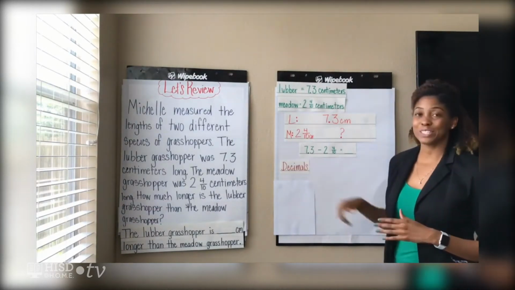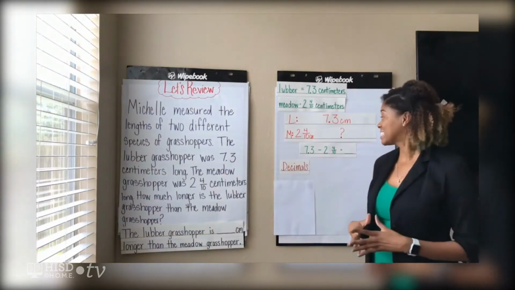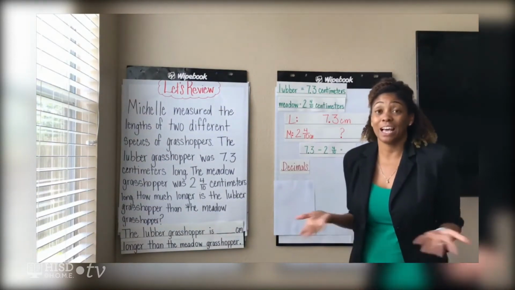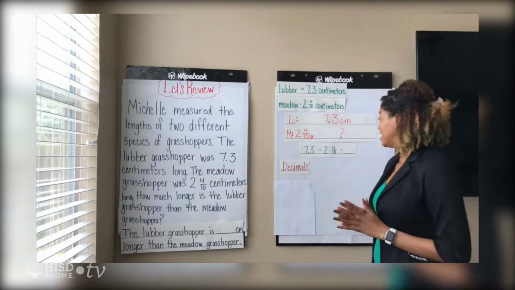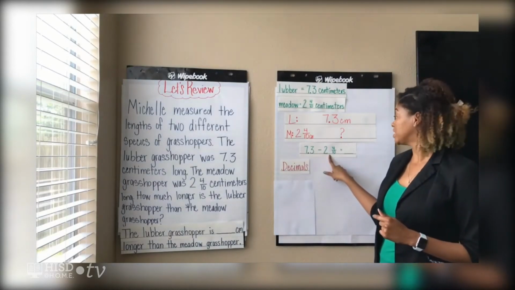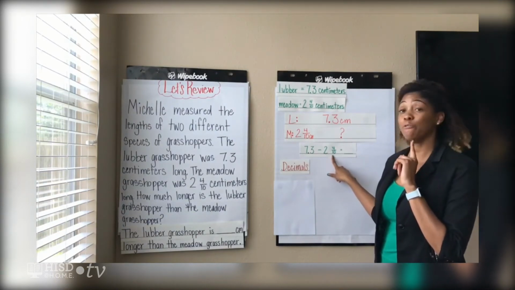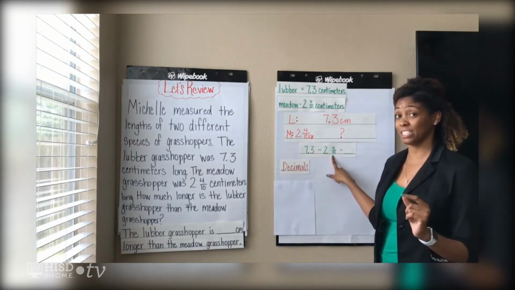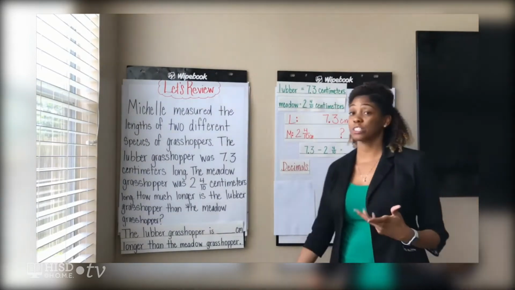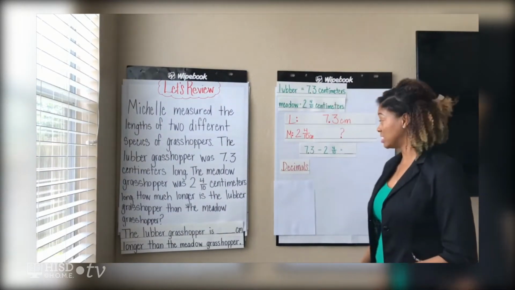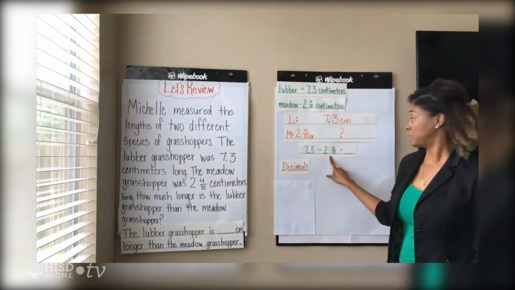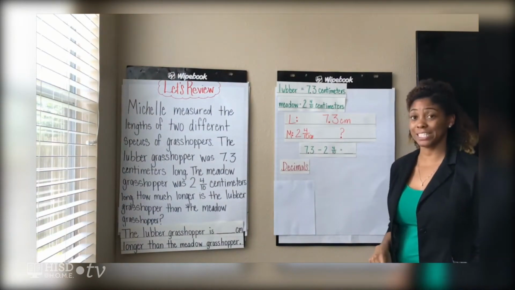So let's look at our first number, 7 3/10. It's already a decimal. I don't have to do anything to it. Let's move on to our equation. We have 2 4/10. 2 4/10 is actually written as a fraction. So we need to first rename our fraction to equal a decimal. So let's just talk about the fraction 4/10.